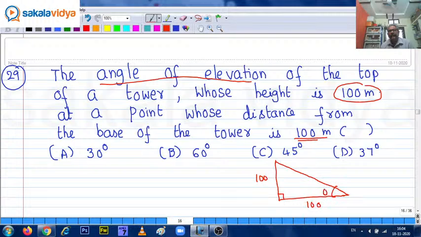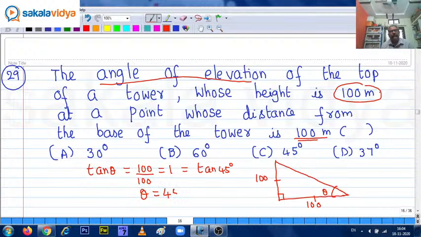So tan theta is equal to 100 by 100, that is 1. So these two sides are equal, which means these two angles must be equal, 45, 45. So theta is equal to 45. Without paper and pen also we can do it, no problem. 45 is the absolutely correct answer.